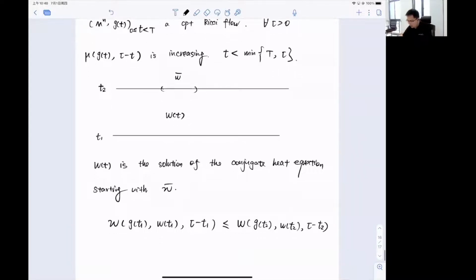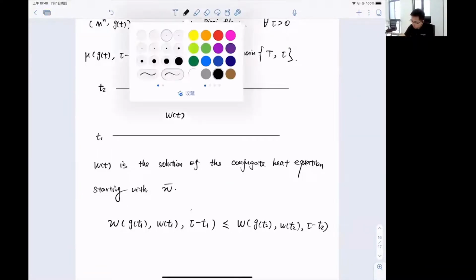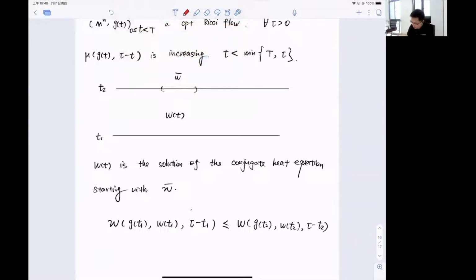So as long as we can show this, then by any choice for the omega bar, we can prove the monotonicity for the mu function. However, to derive the last inequality, it involves a lot of computations and integration by parts. So this is the key inequality.